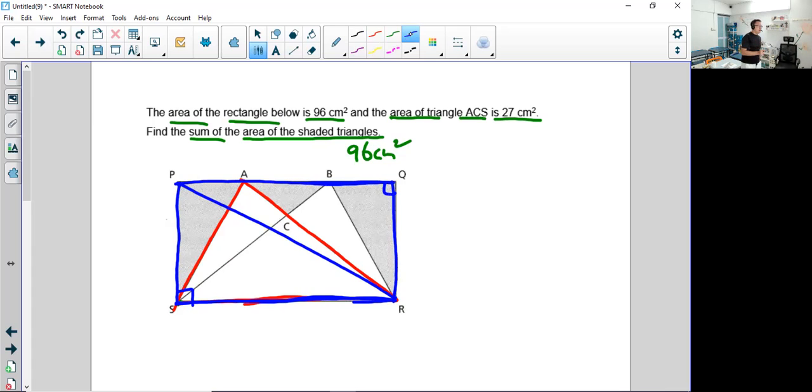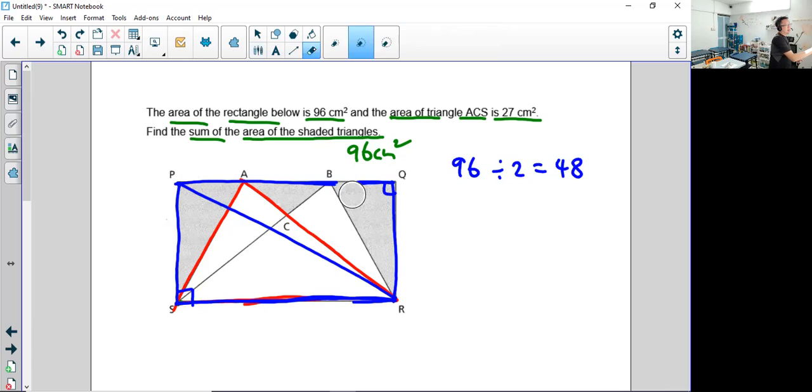So to find the area of one blue triangle, I just take the area of the rectangle and divide by 2, and I get 48. So the area of the blue triangle is 48 centimeters square. And isn't the area of the blue triangle the same as the red triangle? Okay, so let's erase all the colored lines.